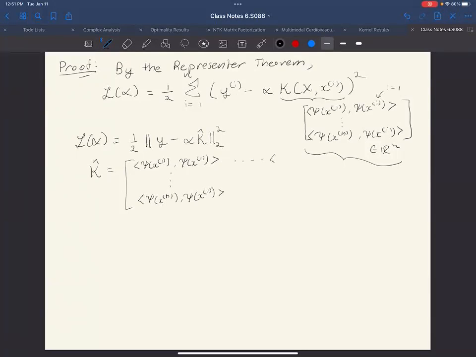And similarly, we go all the way down. We'll have a psi of x1, psi of xn. And then here we'll have a psi of xn, psi of xn, inner product.